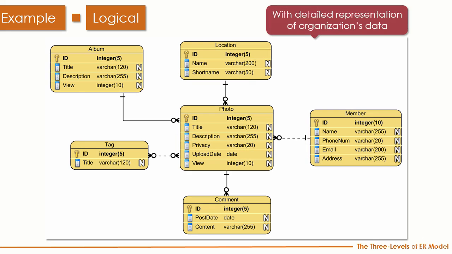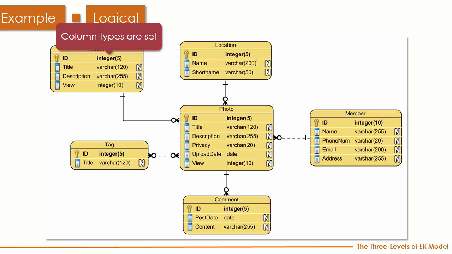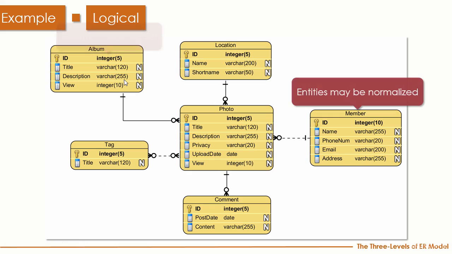When we move on to the logical model, we'll have a more detailed representation of the data and the structure of the data. And we set the data type. We basically identify the type to store certain information. And the entity may be normalized.